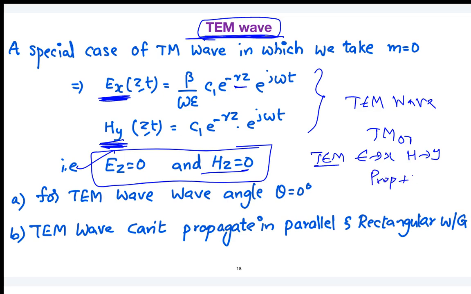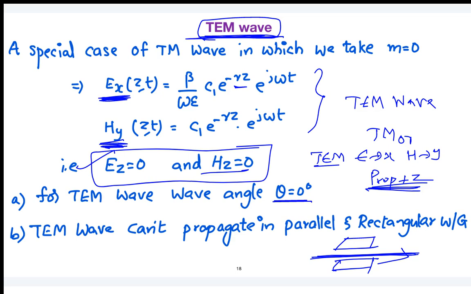So what is the wave angle right now? Since the wave is trying to propagate along the Z axis, see here, this is your waveguide, and the wave is propagating along the Z axis. The wave angle is going to be 0. Yes or no?